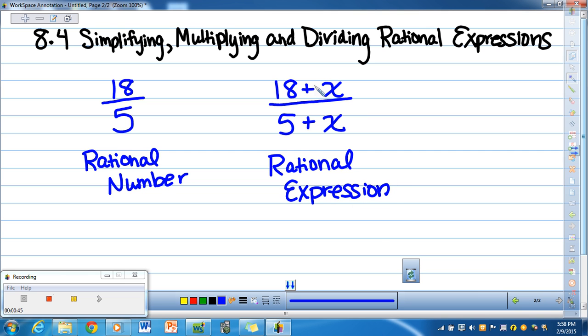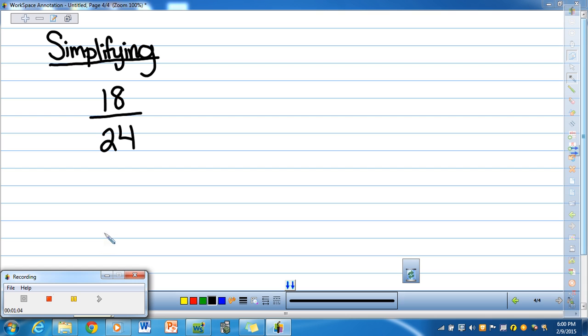We might have variables added or subtracted on our numerator and denominator, or we might be multiplying our variables by a number out in front. Let's begin by simplifying a regular rational number, something like 18/24.